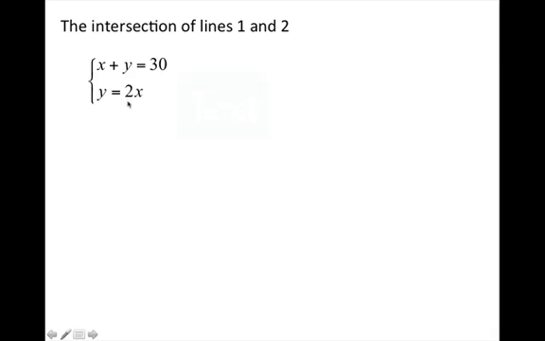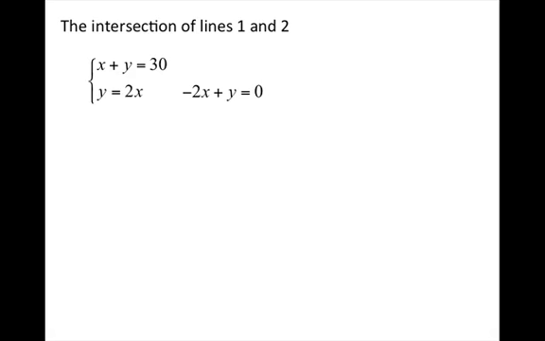So I'm going to take my 2x and move it to the other side of the equation, and it's going to become negative. Then I've got the positive y that's already over there. And when I move the 2x over, there's nothing left on this right-hand side, so it equals 0. So now I have x plus y equals 30 and negative 2x plus y equals 0.